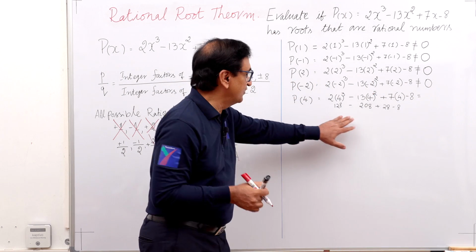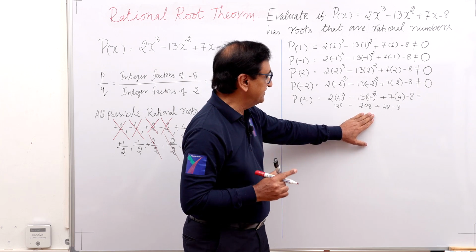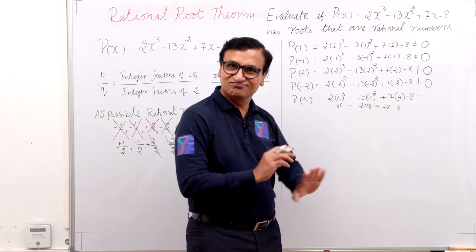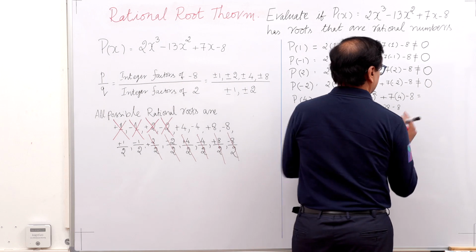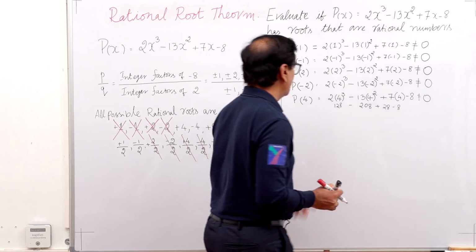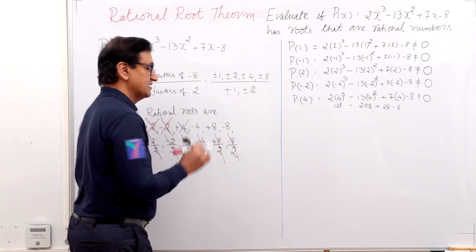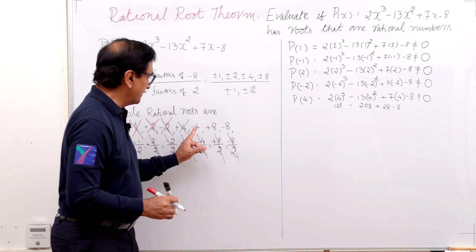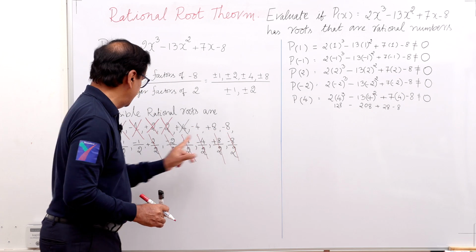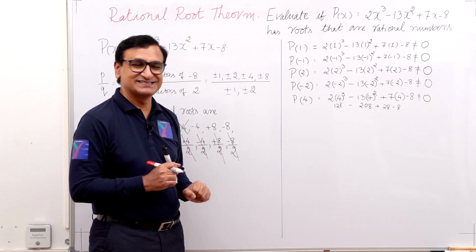This is definitely not equal to 0 because 128 minus 208 minus 80 plus 28 minus 8 is not 0. Therefore, 4 is also not a root. Similarly, we will check for minus 4, plus 8, minus 8, half and minus half. I'll write down, then we will discuss.